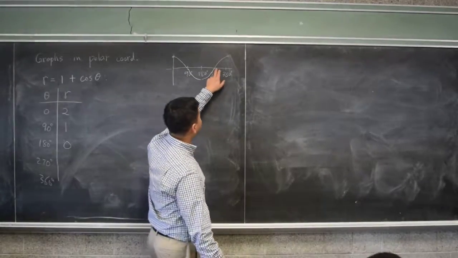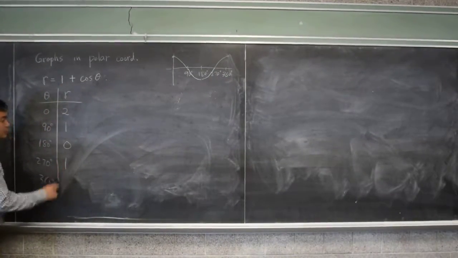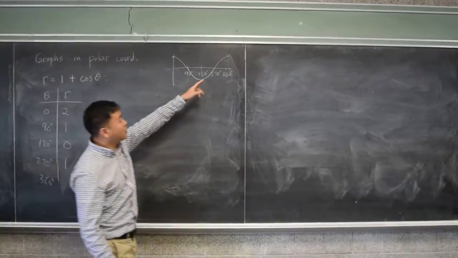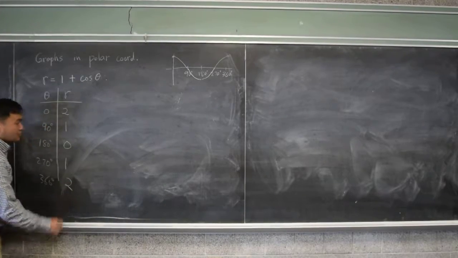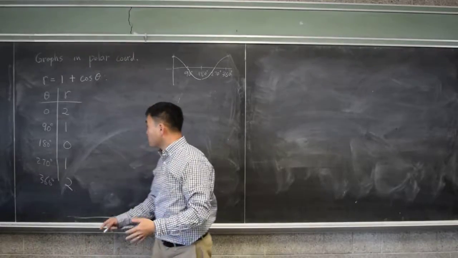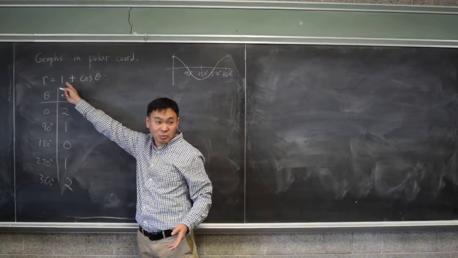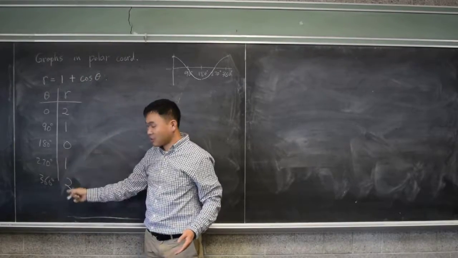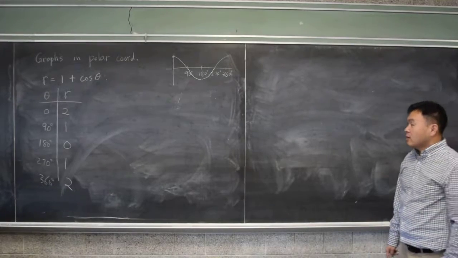And at 270, it's 0 again. So 1 plus 0, you get 1. And at 360, it's 1, so 1 plus 1 is 2. So with the help of this single graph, you now know all the values of cosine, and then this formula just says add 1. So I just added 1, and that's what we get. Okay? Pretty simple.